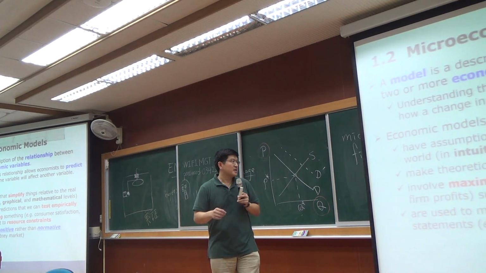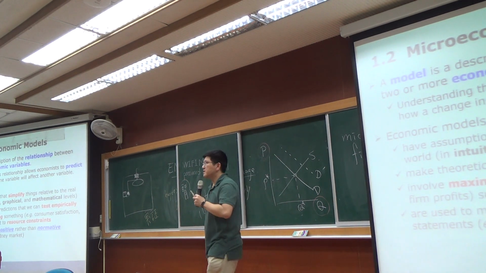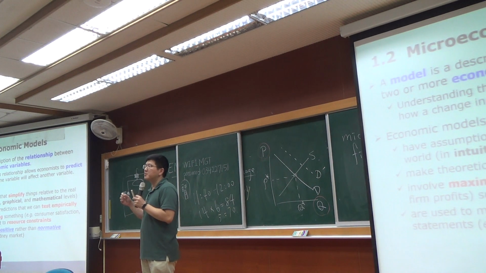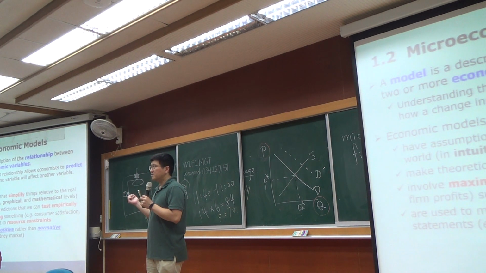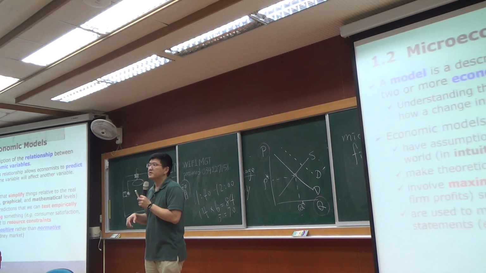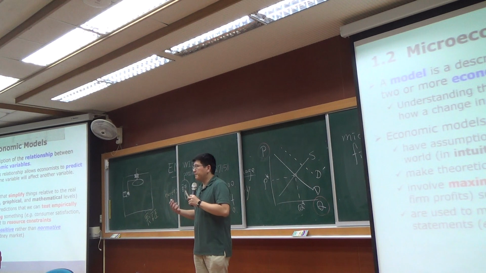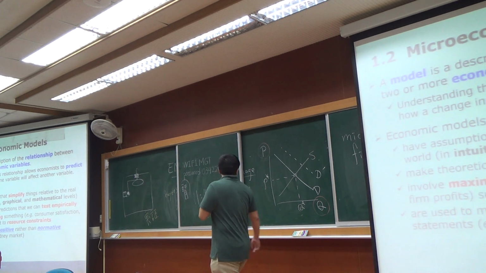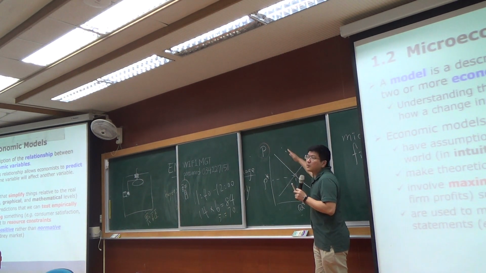And so for positive statements, we may say something about the market. For example, if there is some kind of disease or illness that makes more people need healthy kidneys, then the demand for the kidney will increase, right?